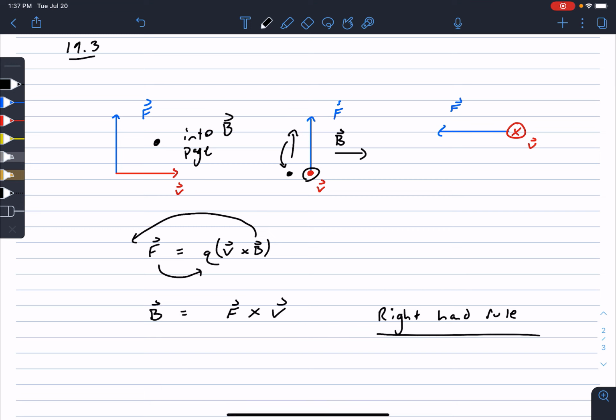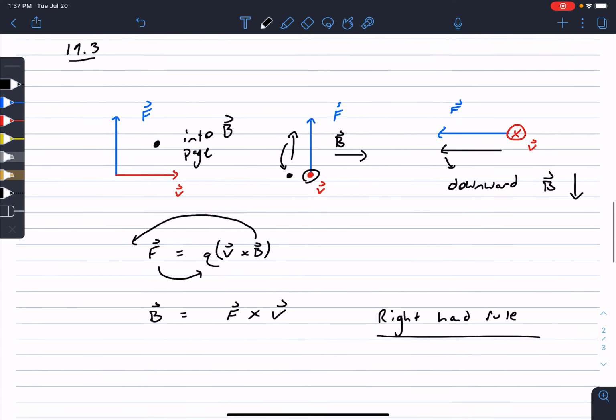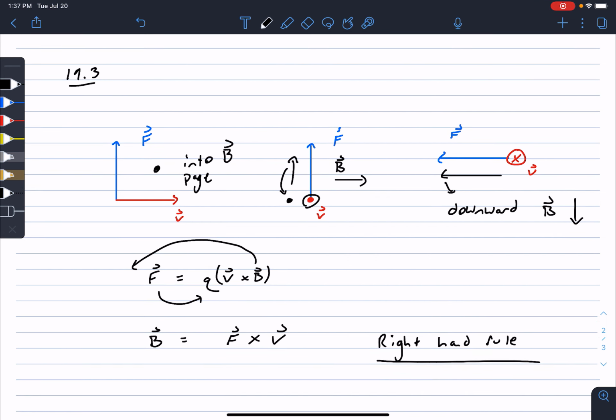Now we point along to the left and curl it into the page, so our thumb is pointing downwards along the page, this way. So that's how we would do those problems. Whether or not you are familiar with cross products, you can still just use the right-hand rule whenever you approach a problem. Okay.